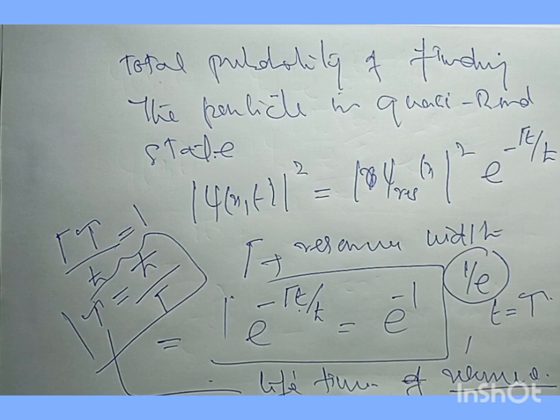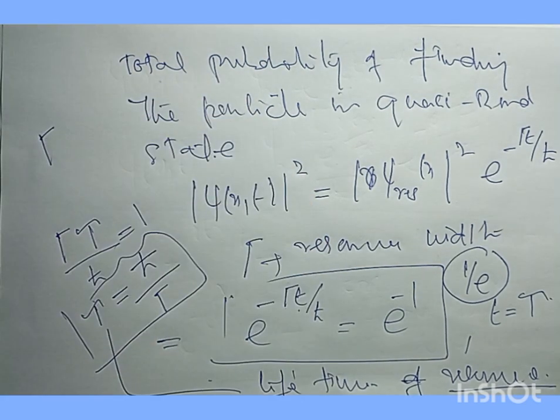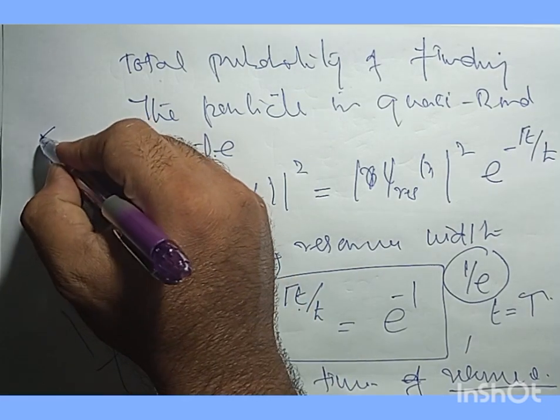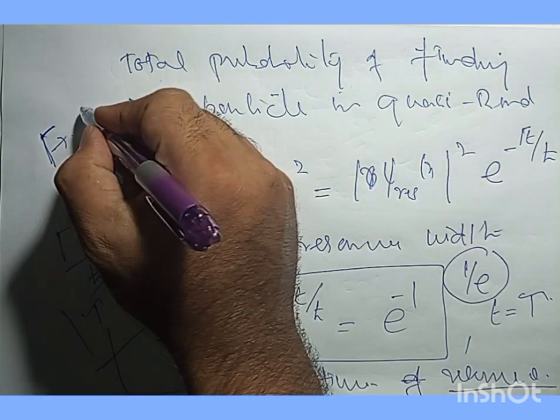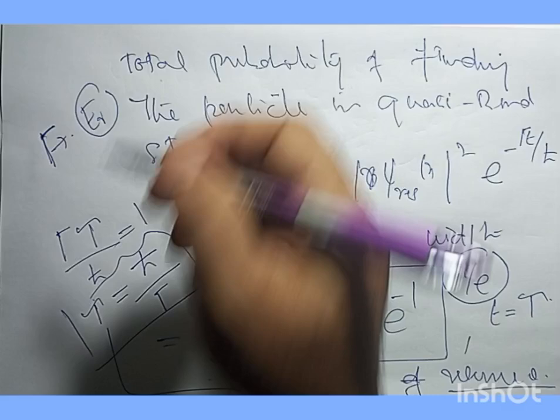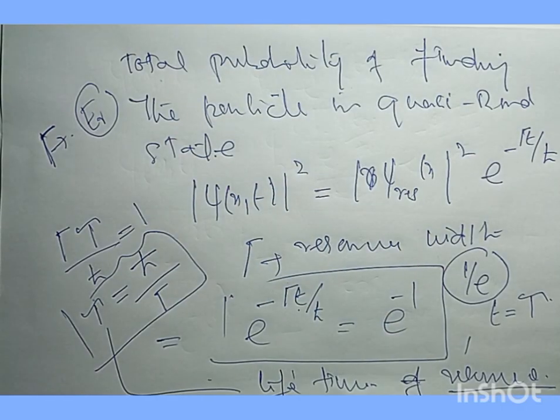Now, to summarize this lecture, what we have done basically is we have calculated the quantity tau, and this is not tau, this is called the resonance width of the resonance, because it determines the range of energies around E_R, and E_R is the resonance energy.